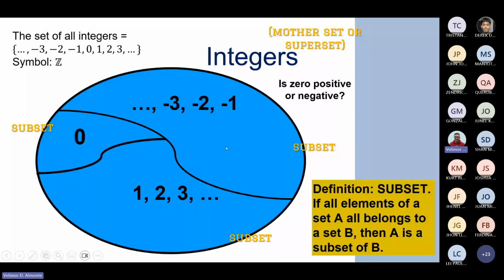I can have any number of elements as long as all elements belong to the mother set or superset. That is considered a subset already. These three you see here are subsets of the set of integers. They are not the only subsets of the set of integers. There are many more.